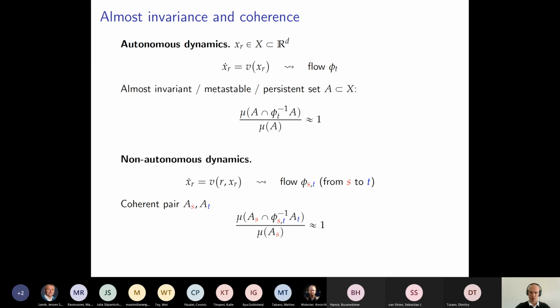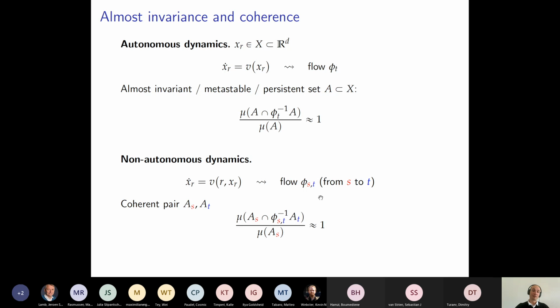Okay, so this is the autonomous picture. Somehow there is a set which should keep stuff in it. How does the non-autonomous version of it look? If I have non-autonomous dynamics, so my right-hand side depends on time explicitly, then I have a 2-parameter family of flows. There's a starting time s and a terminal time t, which appear here.